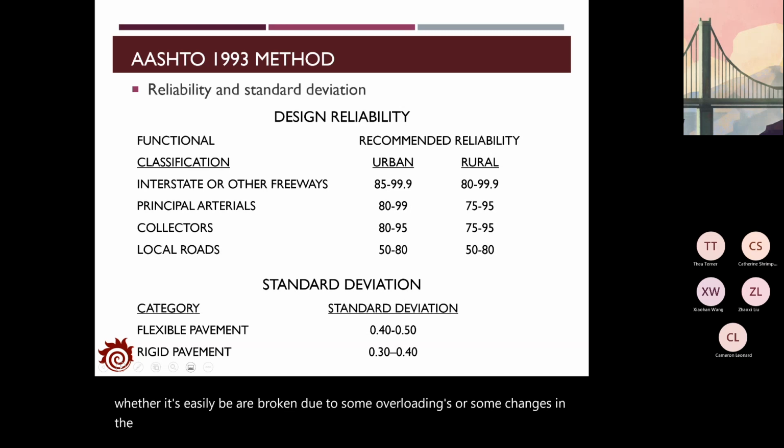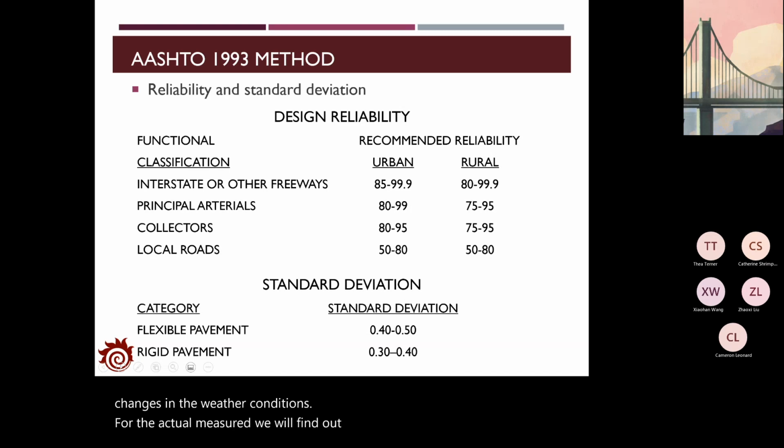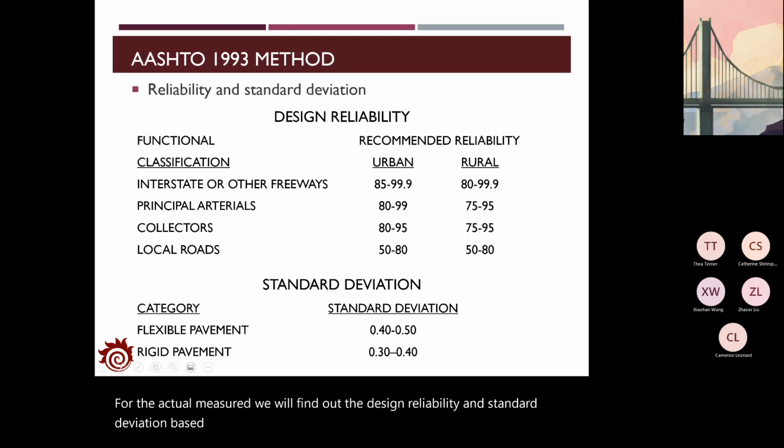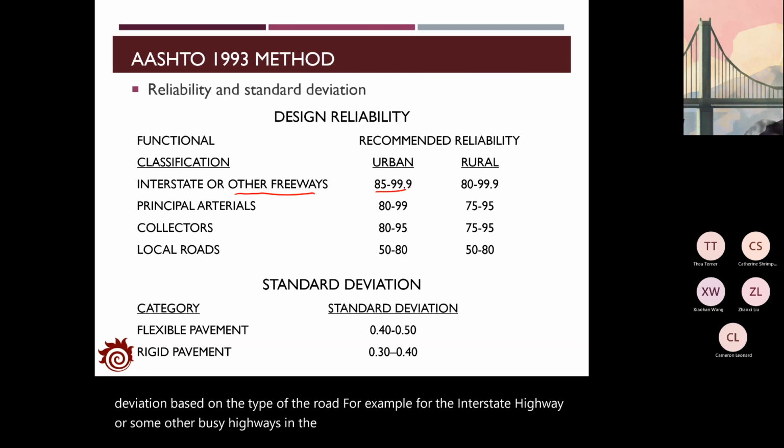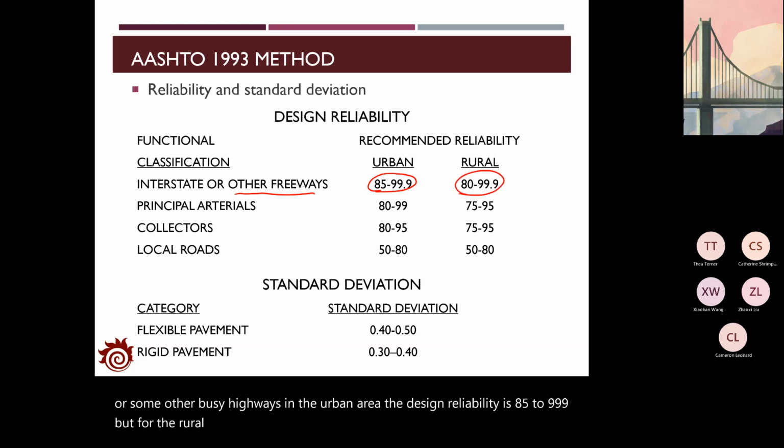For the AASHTO method, we will find out the design reliability and standard deviation based on the type of the road. For example, for the interstate highway or some other busy highways in the urban area, the design reliability is 85 to 99.9, but for the rural area, it's between 80 to 99.9.